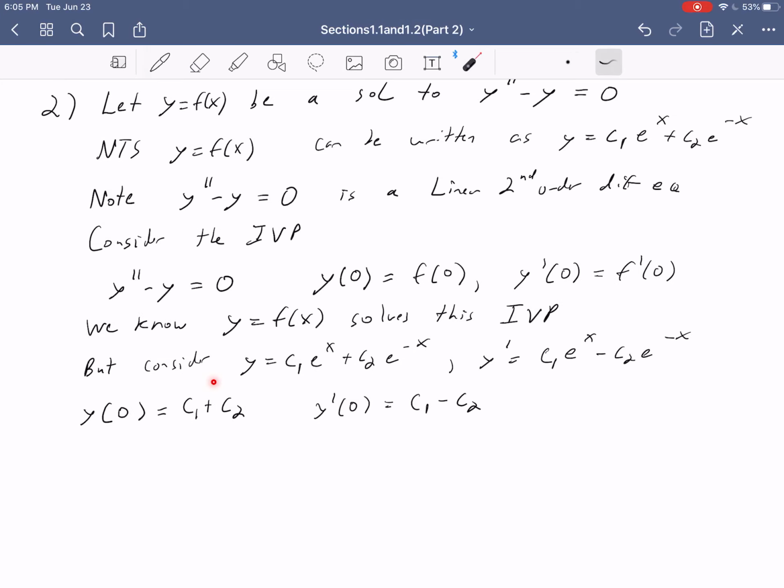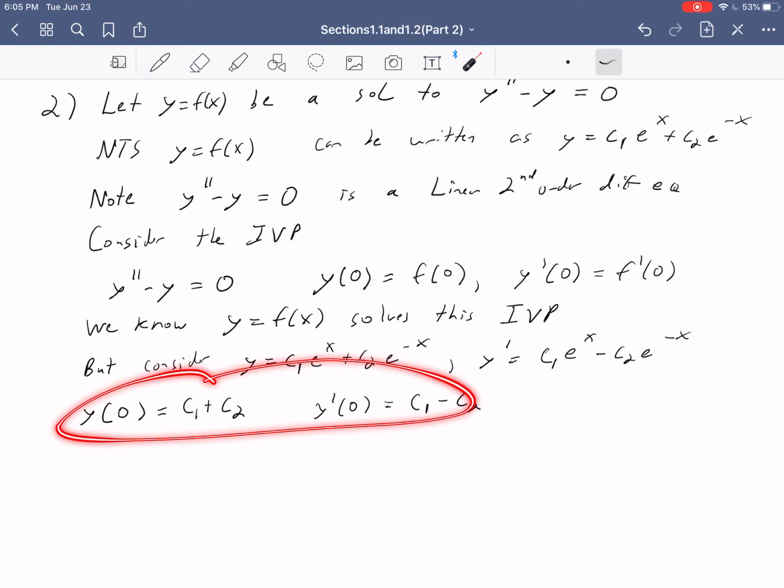But we want these to be equal to f of 0 and f prime of 0. So we get a little weird system of equations. We say C1 plus C2 is supposed to be f of 0, and C1 minus C2 is supposed to be f prime at 0.